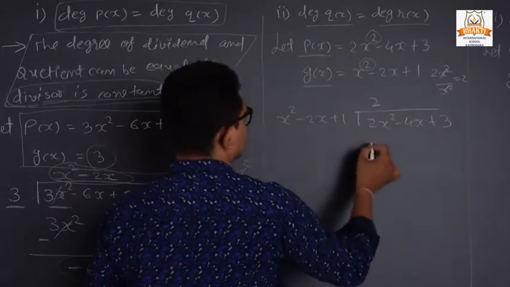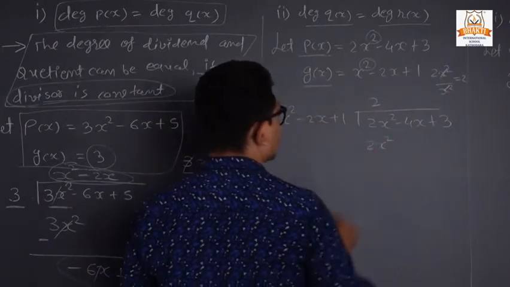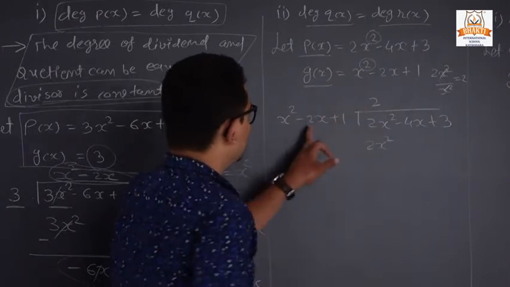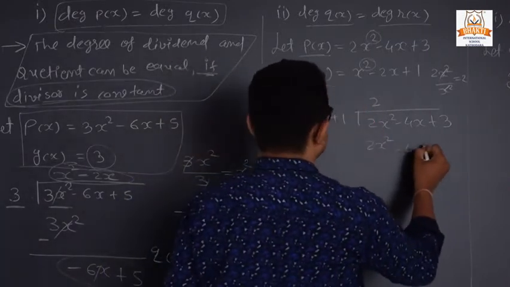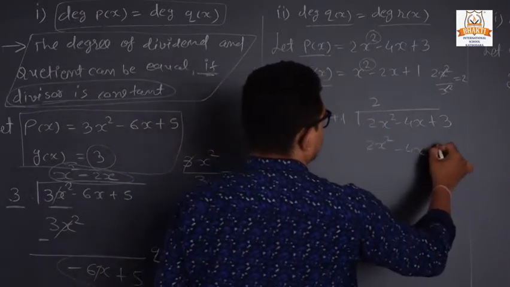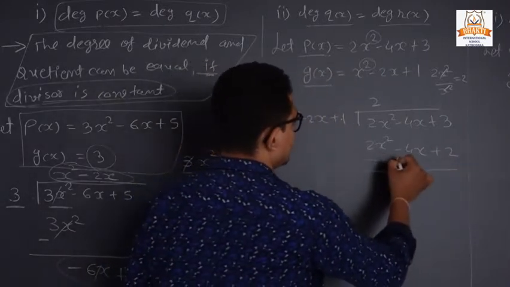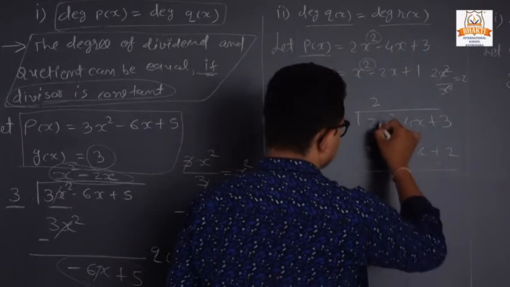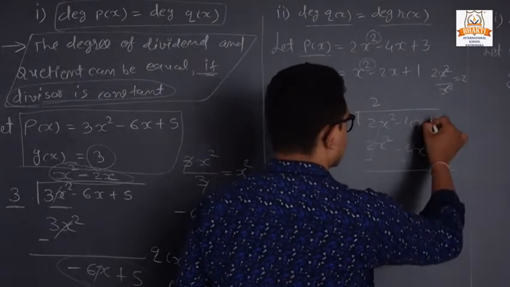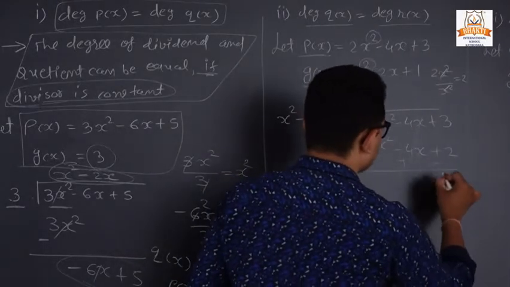Now 2 into x square is 2x square, then 2 into 4, so minus 4x, and 2 into 1 is plus 2. Now the sign will be changed, so this cuts, this also cuts. 3 minus 2, so we have 1.